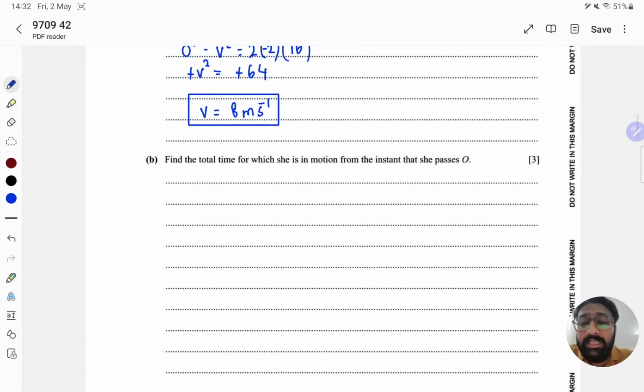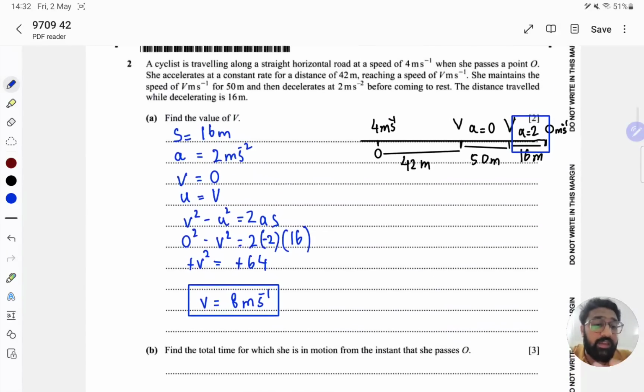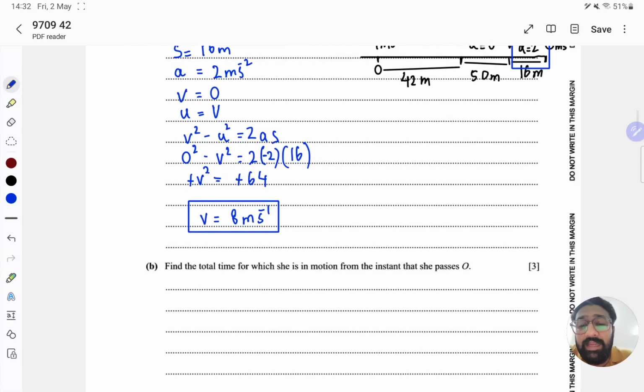Okay, now the b part says find the total time for which she is in motion from the instant that she passes O. So basically, if you see over here the sketch that I have tried to make, there are basically 3 portions of the journey. So we need to find out the total time for which she is in motion.